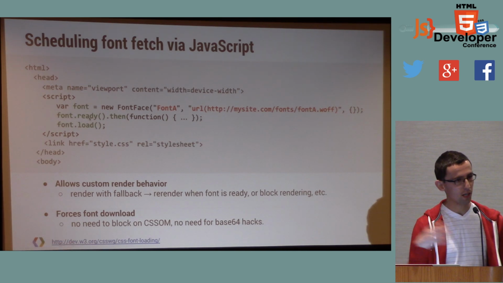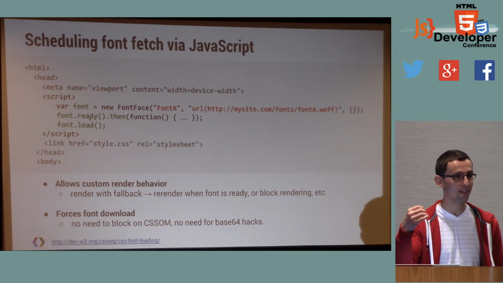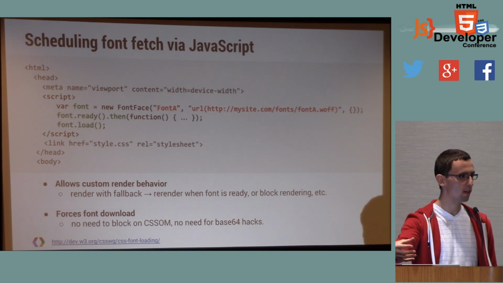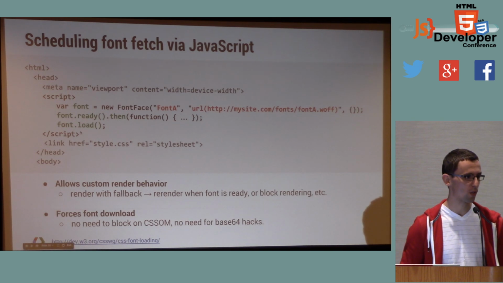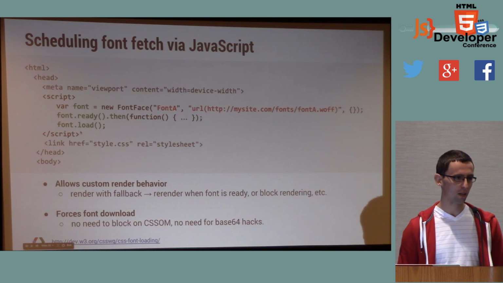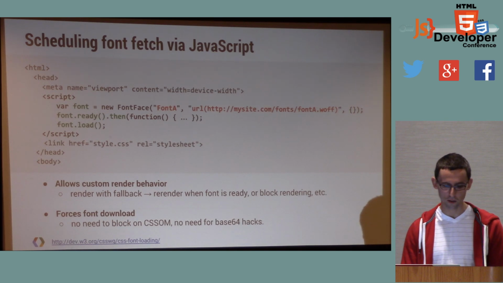Then we actually provide a promises-based API, which means that once this font is ready, I want you to do X, Y, and Z. We'll see some examples of that. And then finally, you just call .load, and .load says, look, I know you're trying to be clever, but I really need this font, so go ahead and download it right now.